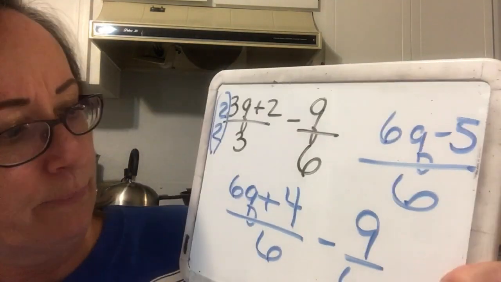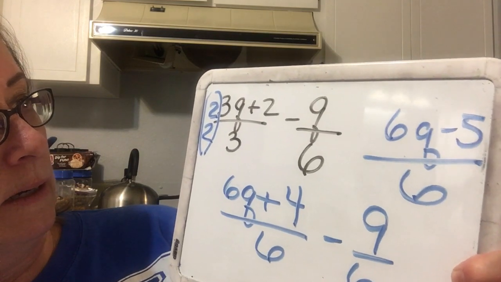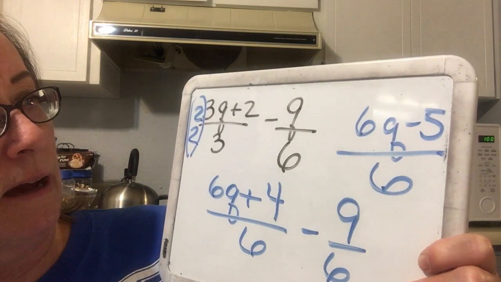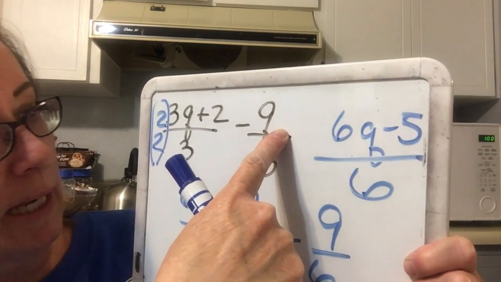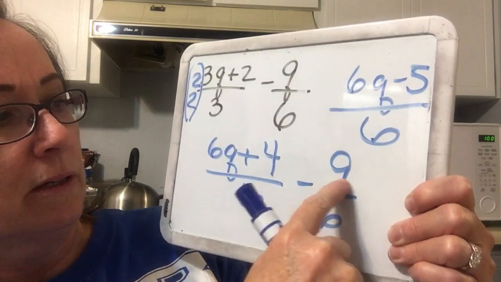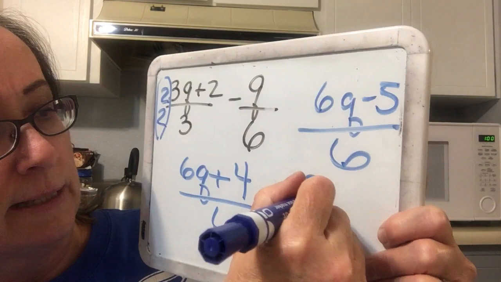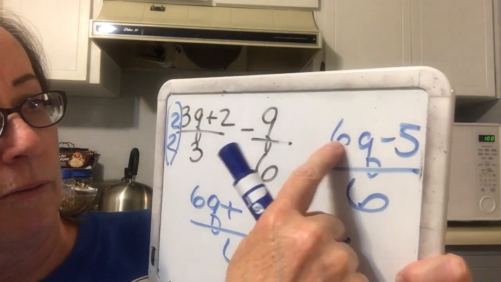Okay, so let me see here. That is not a 9. That's why it's not right. I'm making my q's look like 9s. That is a q. Since this is a q, we've got 6q and a minus q.